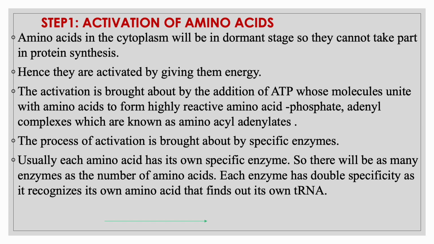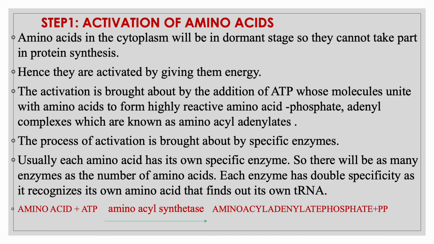Usually, each amino acid has its own specific enzyme. So, there will be as many enzymes as the number of amino acids. Each enzyme has double specificity, as it recognizes its own amino acid and finds out its own tRNA.